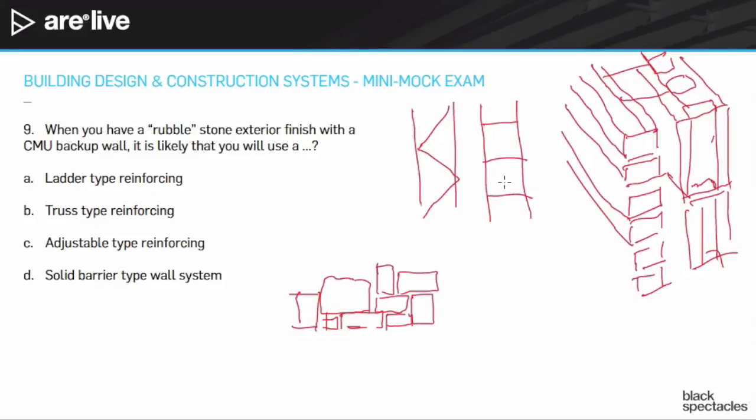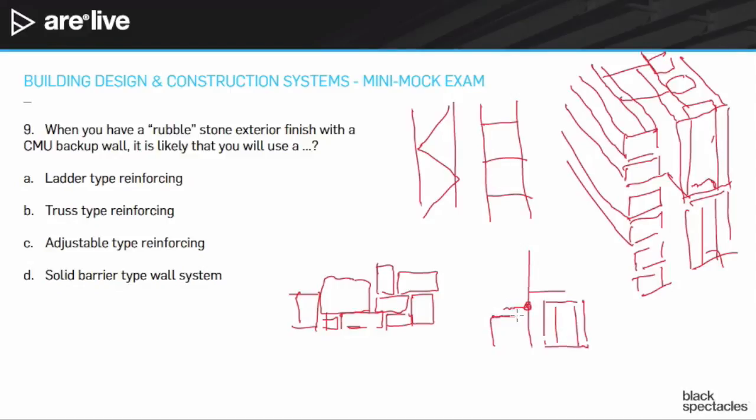So instead of having these, which can lay flat, I'm going to have these ones that will have, this is in section now, a little bit of element that can sit into the appropriate spot of the CMU, and then it'll have a little piece that can ride up and down this.